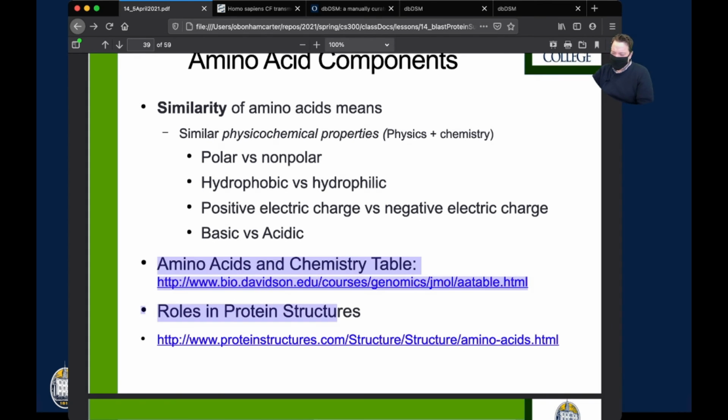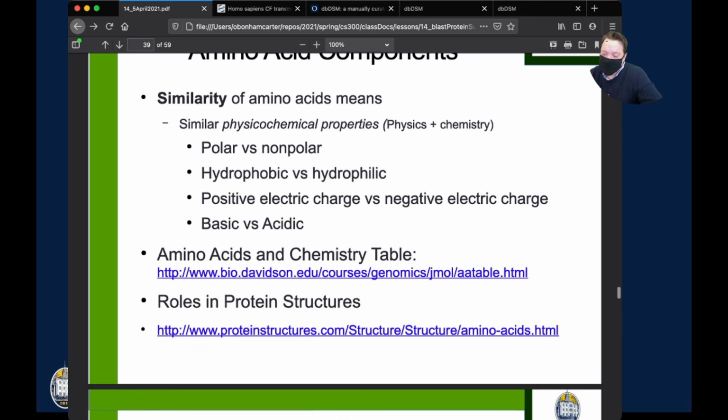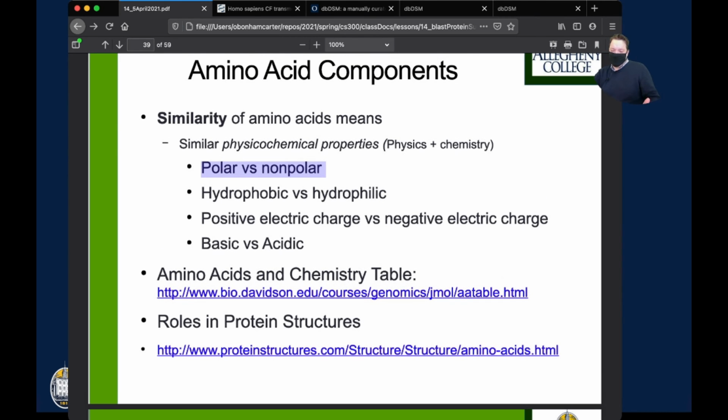Here are just some sites online that you can go to if you'd like to learn more about these types of properties. But you're using these properties now to determine how similar one protein sequence is to another, based upon, well, do I have the same number of polar amino acids in one sequence as I do in the other.